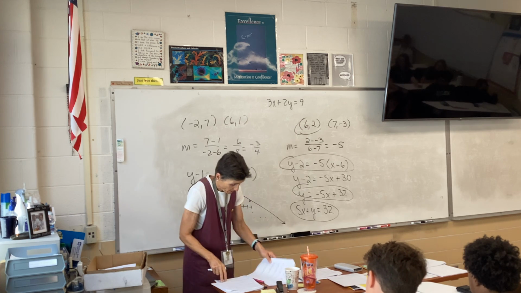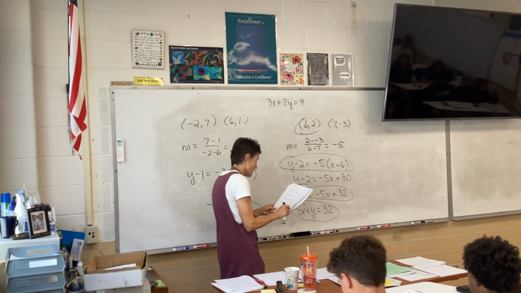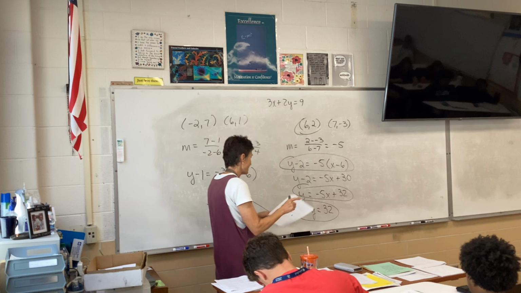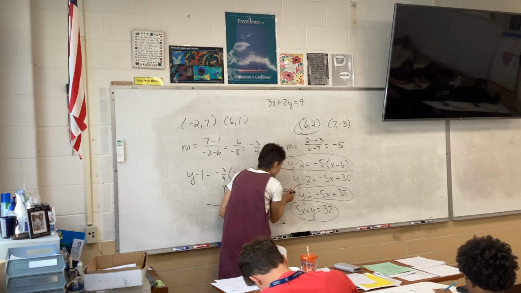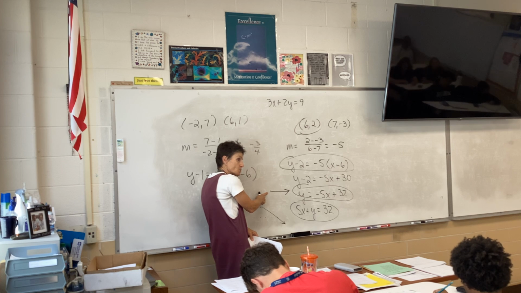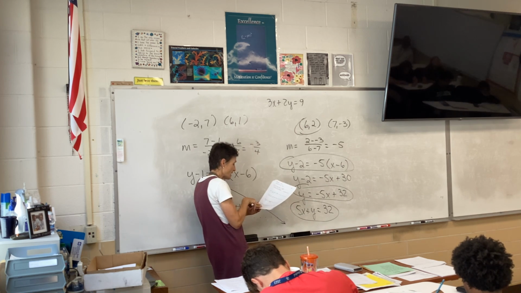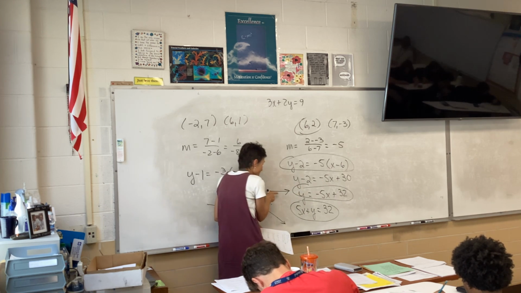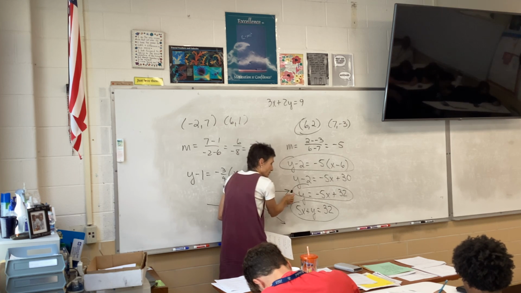All right. Would you do the last one? You're gonna repeat the process, but you're gonna stop right here, because this is slope-intercept form. So you're gonna do the same kind of thing, but you're going to make your answer look like this.